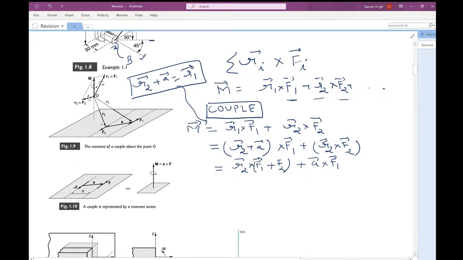Now, since F1 is of the same magnitude as F2 but acting in the opposite direction, you will get this value as equal to 0. So the moment of these two equal and opposite forces is actually equal to A into F1.